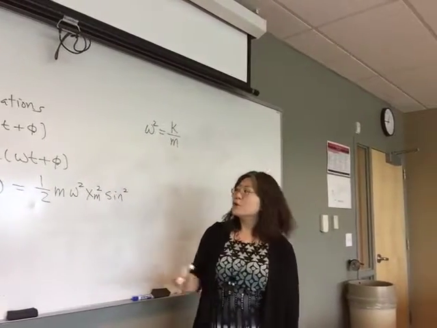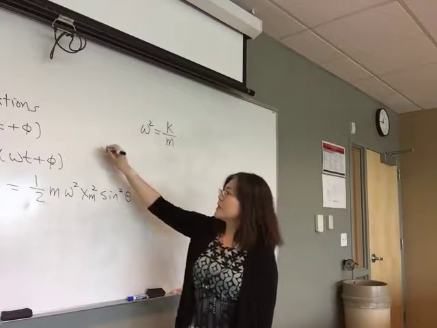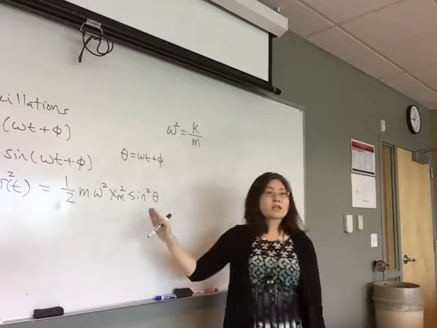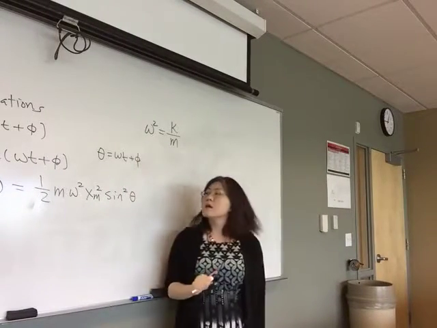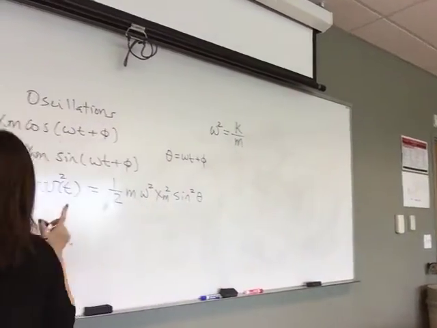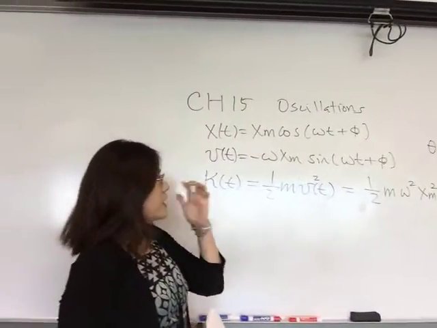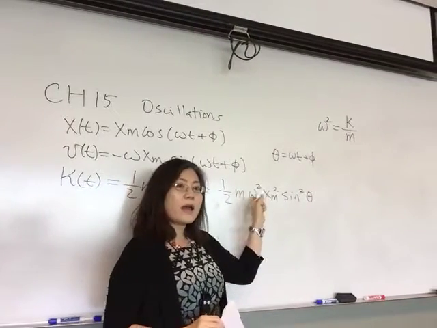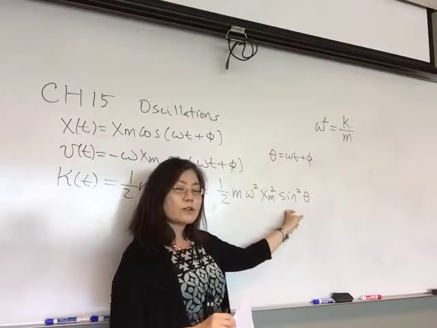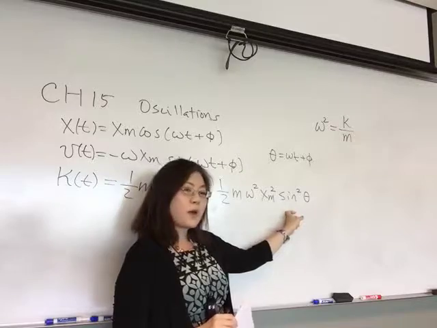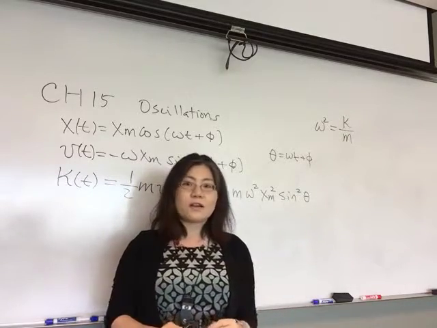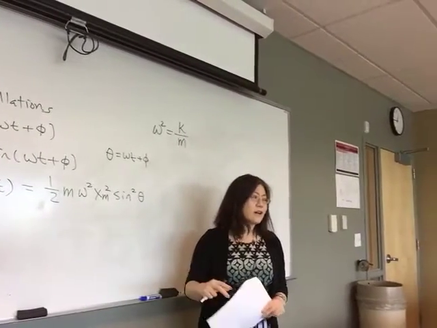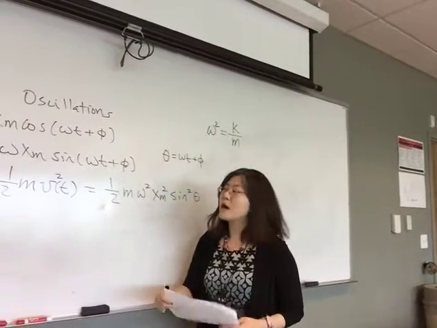I'm just going to use theta to indicate omega t plus b, so I don't have to write out the whole thing. So it's just sine theta squared. So this is the expression for kinetic energy: 1/2 mass omega squared xm squared sine squared of (omega t plus b). Seems rather lengthy, but you'll find that after you go through some steps, it is not.